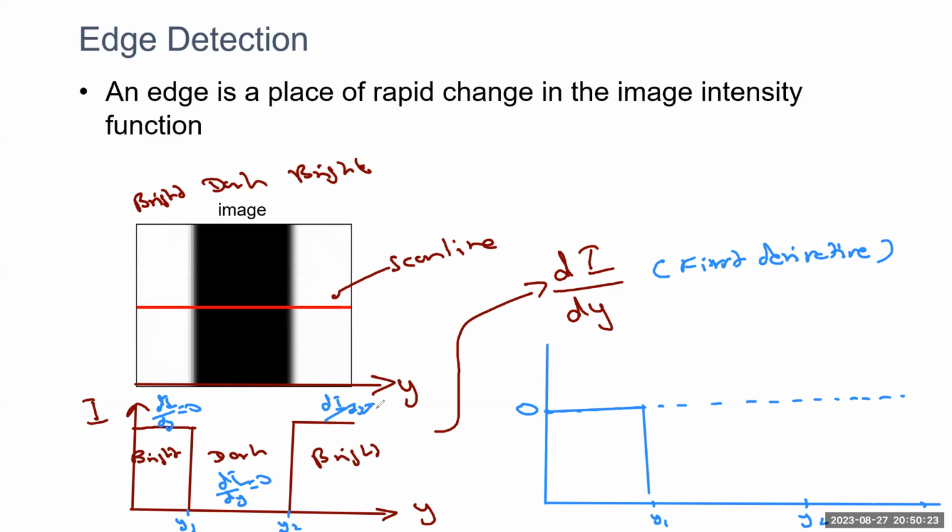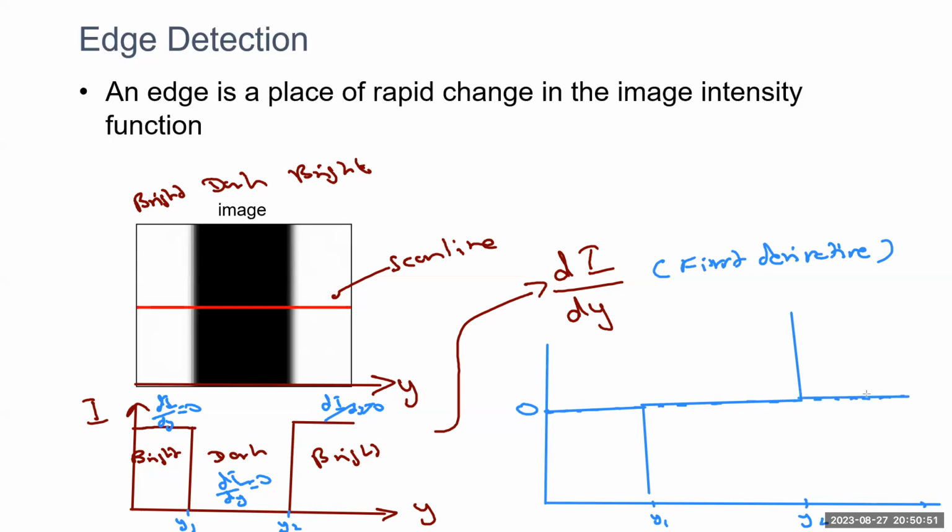But here you can see there's once again a sudden transition from dark to bright. So now, this is once again 0 up to this point. At y2, there's a sudden transition, right? So let's see. Again, it's 0.